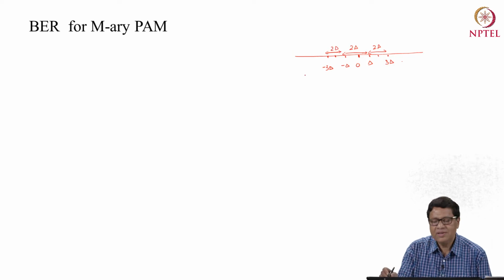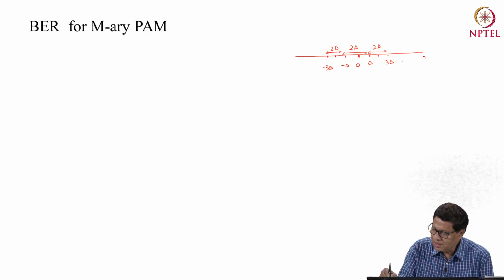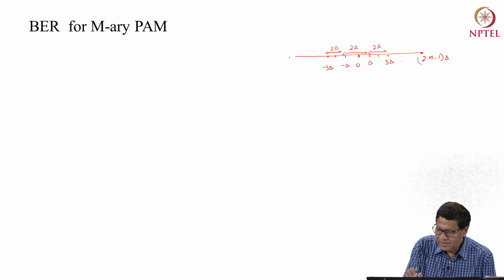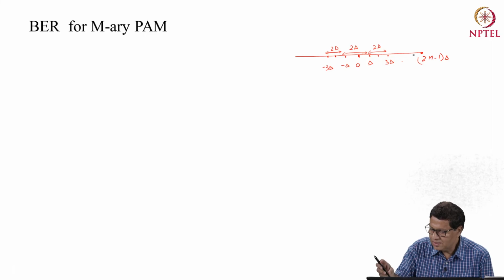So I can go on, and my last one will be (2M minus 1) delta. So this is the last point. And on this side, so let me put a dash here.